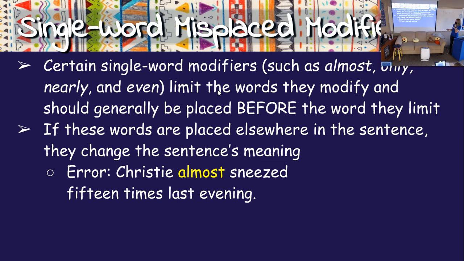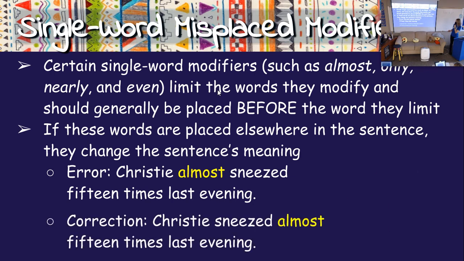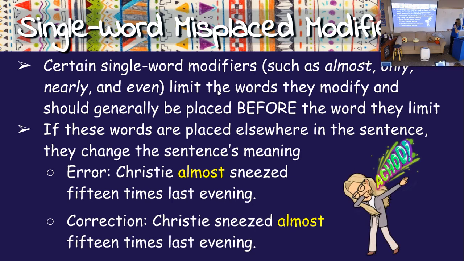So all we would have to do is move that word almost. So here would be the correction. Christy sneezed almost 15 times last night. Totally different, right? They're totally different.